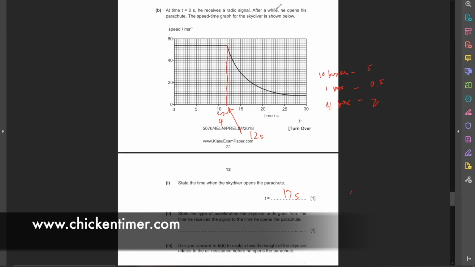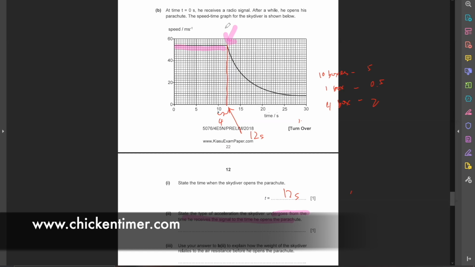Read the question carefully. Undergoes from the time he receives his signal to the time he opens the parachute. So he opened the parachute here. So that means this part that they were talking about is actually here.